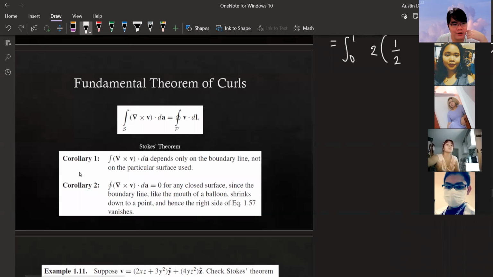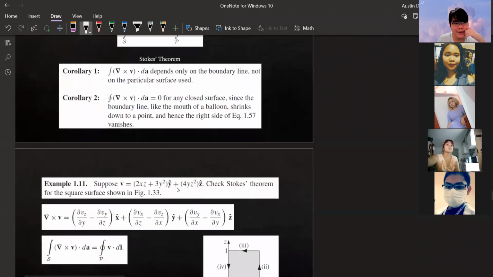So ayun sa corollary 1, na hindi siya nagde-depend on your surface that is used on the A. And then, ayan, yung sinasabi ko, kaya hindi siya closed kasi pag close mo na siya, mag-zero out yung boundary mo. Wala ka ng boundary, di ba? Wala ka ng boundary line, na-close mo siya. So yung dL mo, mag-shrink siya over a point. Ayan, like a mouth of a balloon. Ang galing mag-explain ni Griffiths, kaya maganda rin na basahin mo siya on your leisure time. Okay?